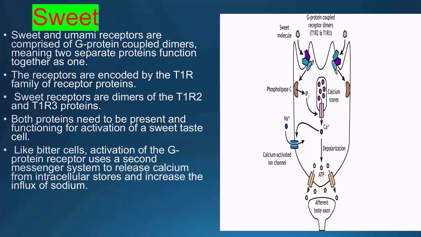Like bitter, activation of the G protein receptor uses a second messenger system to release calcium from the intracellular store and increase the influx of sodium.